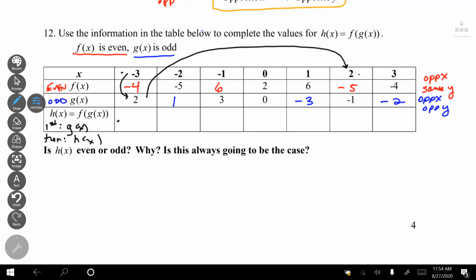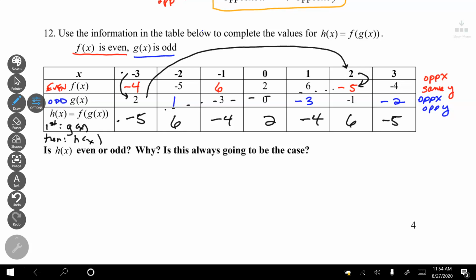And then I have to do f. Well, that f is negative 5. And I come back way over here. I fill in the negative 5 right here. Negative 3 input, g output 2, 2 input, f output negative 5. That's my final result. If I do this for this whole table, I get this.